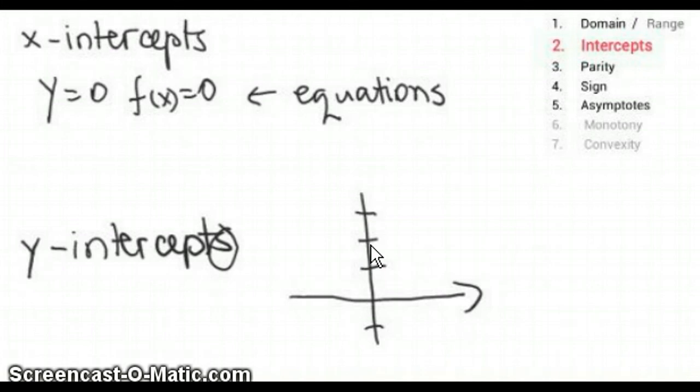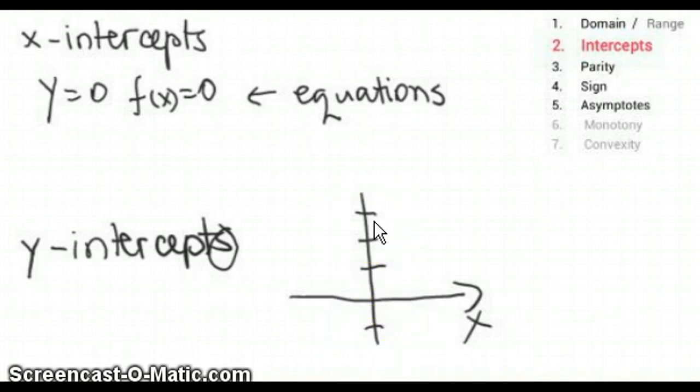Well, if you remember the definition of a function, it says that each x from the domain should have one and only one image. So to this x, which is 0, you can have only one image, be it 1, be it 2, be it 3, be it 0.27, minus 1.3, doesn't matter. So you can have only one y-intercept.